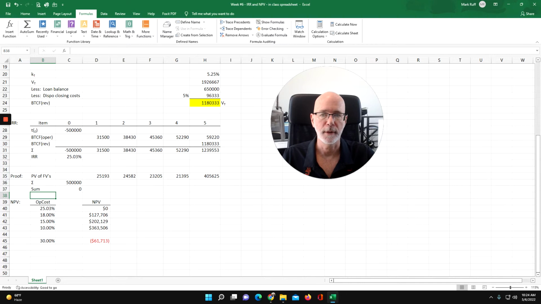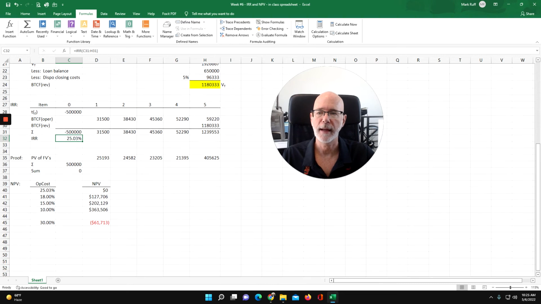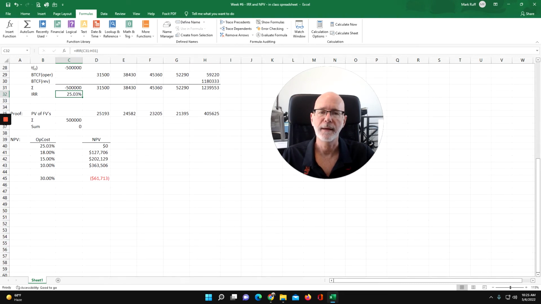Therefore, we've just proven that the internal rate of return is the discount rate which makes the net present value equal to 0.